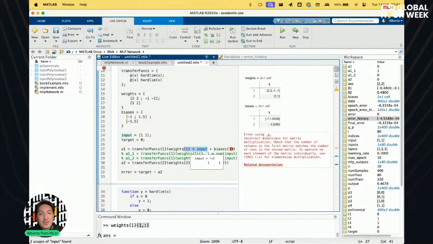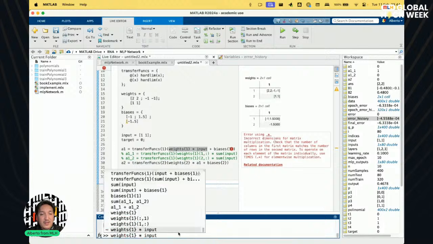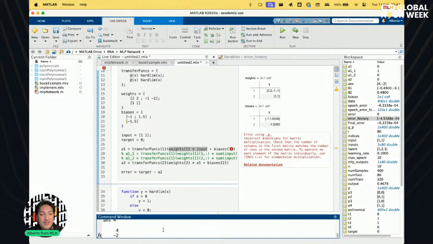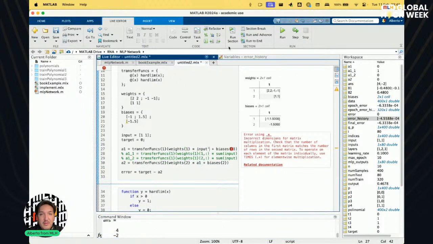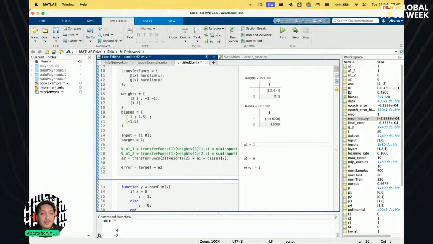Okay, let's debug this further. Okay, yeah. The input. Okay, nice. So let's try this. Okay, this doesn't work. It's about the dimensions and stuff. But if this works, as good engineering says, don't move it.